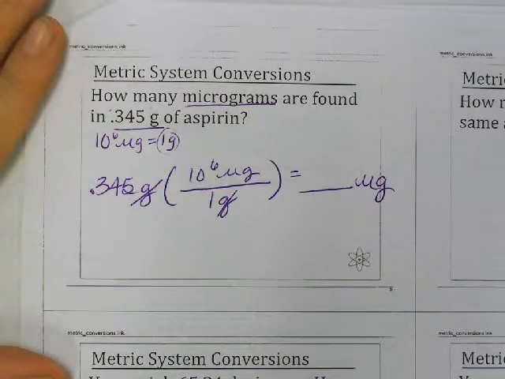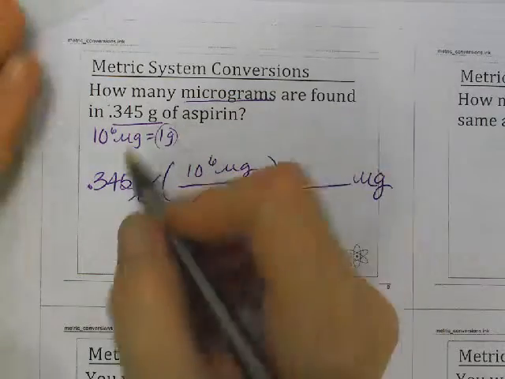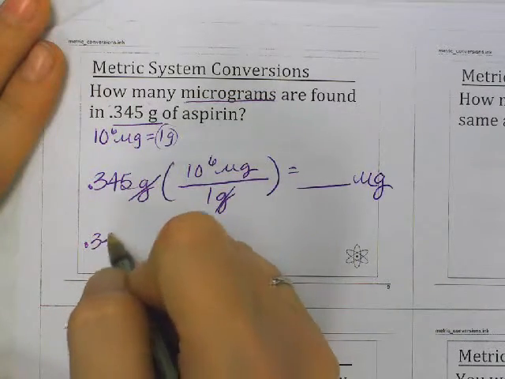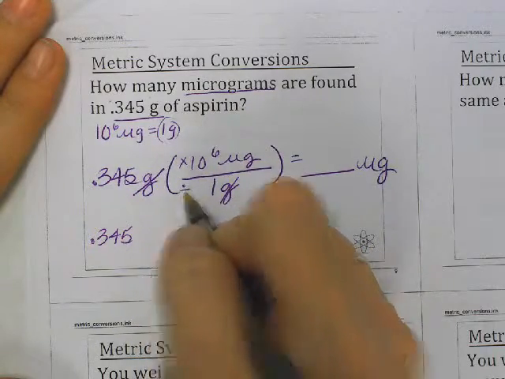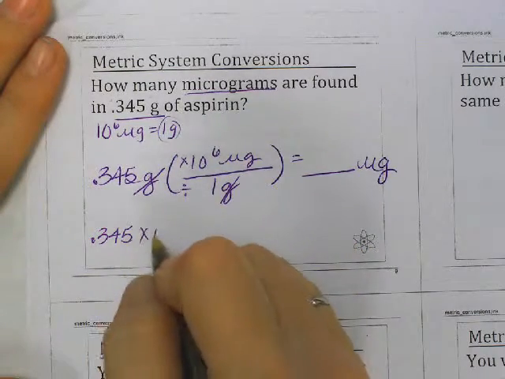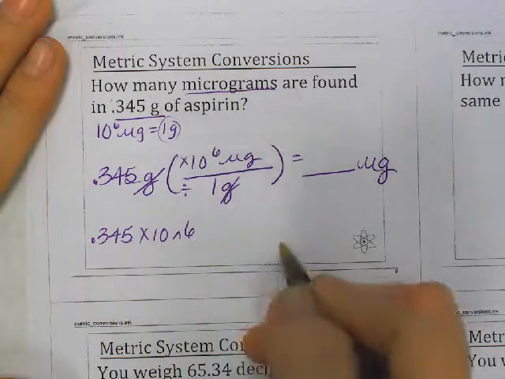And it's that simple. Now I just have to solve it. Now I take 0.345, I multiply by the top, divide by the bottom. So I'm going to multiply by 10 to the 6th, and I'm going to divide by 1.